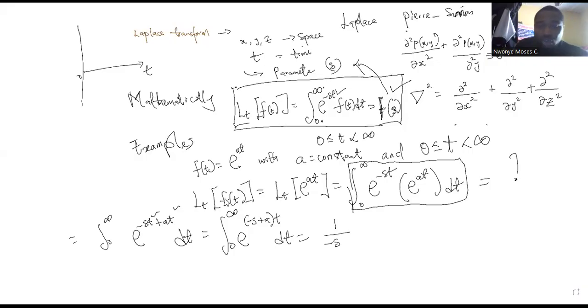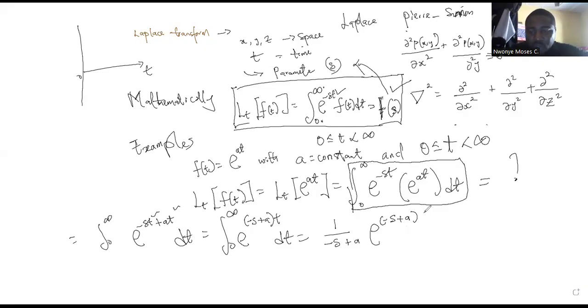Now remember, it's only when you're dealing with an exponential function, because when you integrate an exponential function, you actually get that function back, and then everything here, you're going to be dividing the denominator. Then I'm going to be having the multiple of this, which is exponential minus s plus a, times t. So if I have s plus a, right now, I have integrated that particular function.